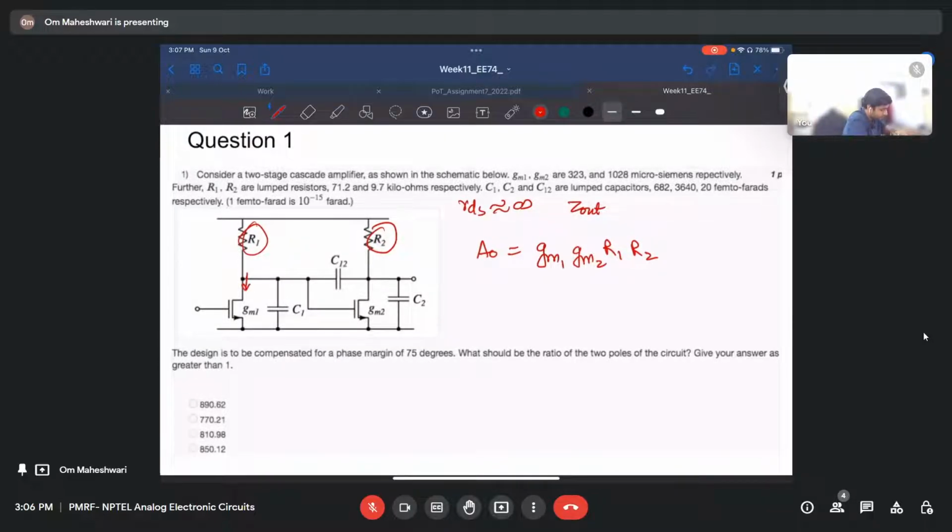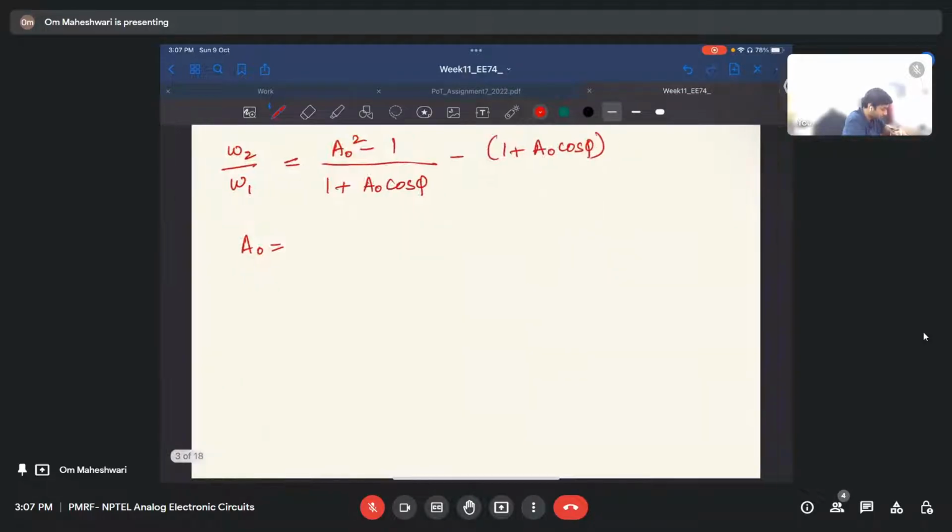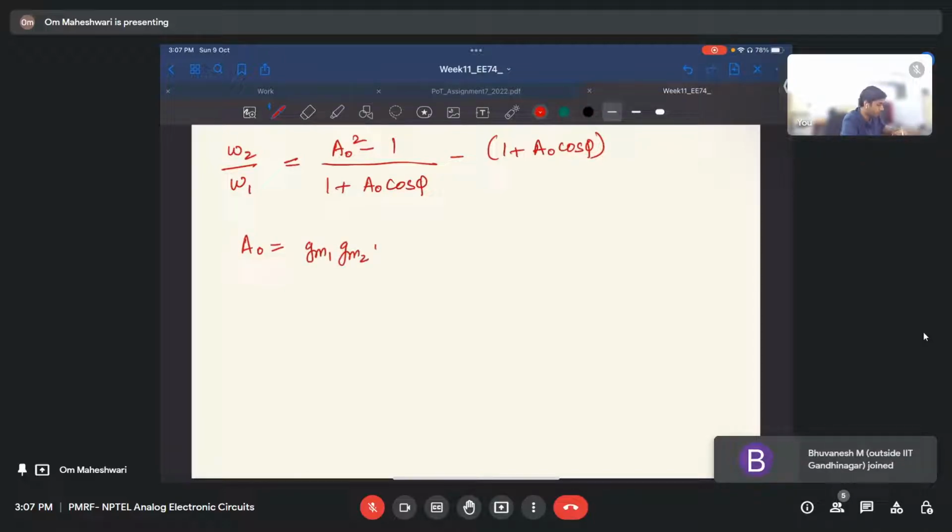If you see the impedance from here, Z out will be simply R1 parallel with infinity, that is R1. Similarly here. So that's why we have GM1, GM2, R1, R2.